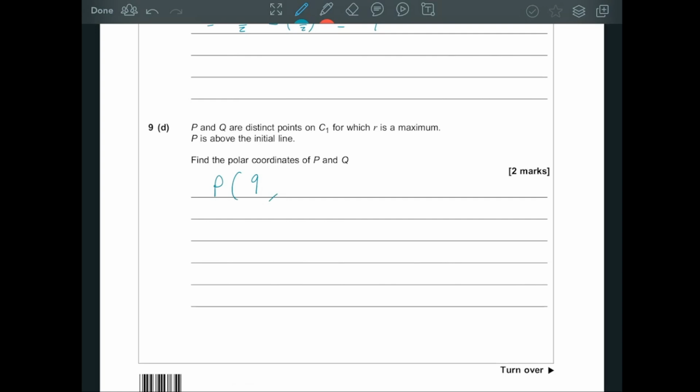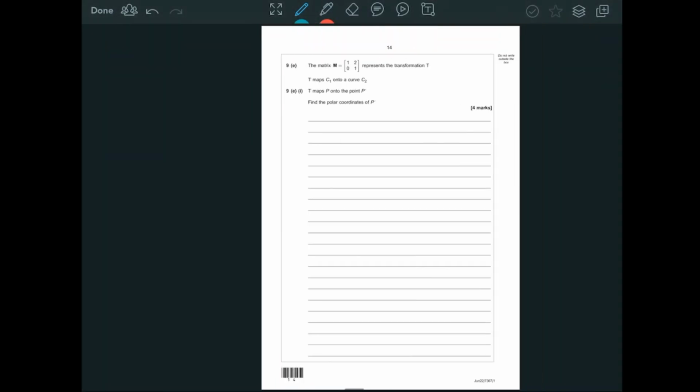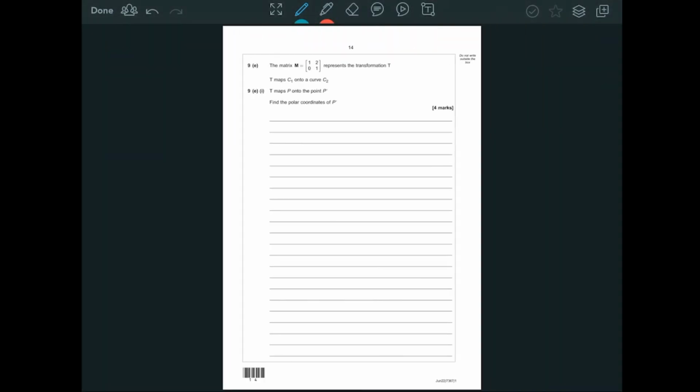I think it's r comma theta. Pi by 4 was where we got our first maxima, and the other is a pi around the other side, or a full cycle around the other side, is 5 pi by 4. Oh, and it still keeps going.